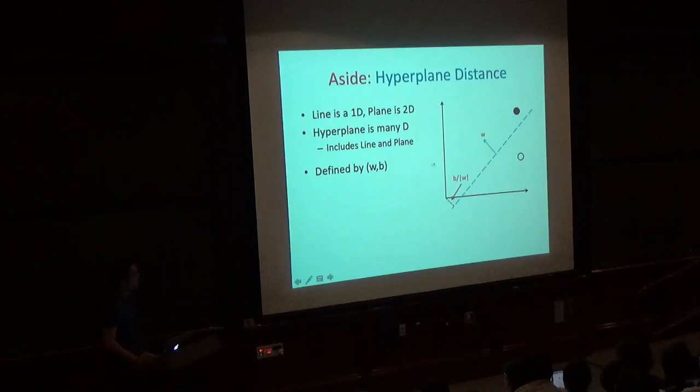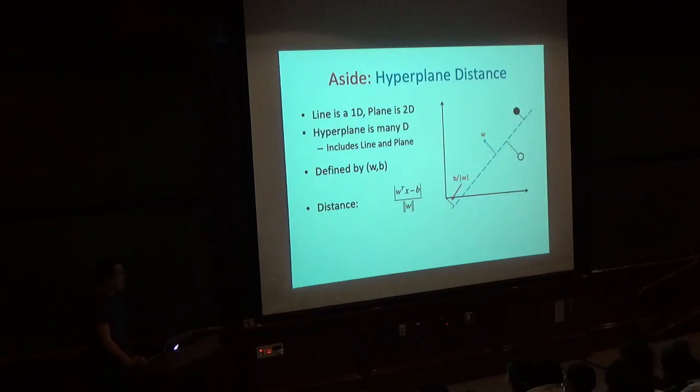In this case, w is the normal of the hyperplane, unnormalized, and b is the offset from the origin. So if b was 0, this hyperplane would cross the origin. If you remember from geometry, if w was normalized to have unit norm, then it would be the unit normal. But this is just the unnormalized case.